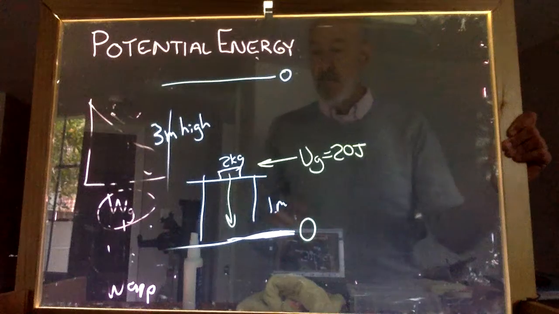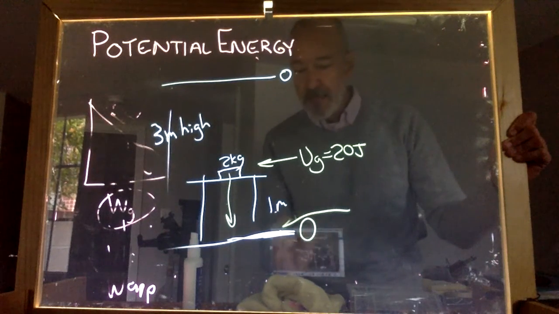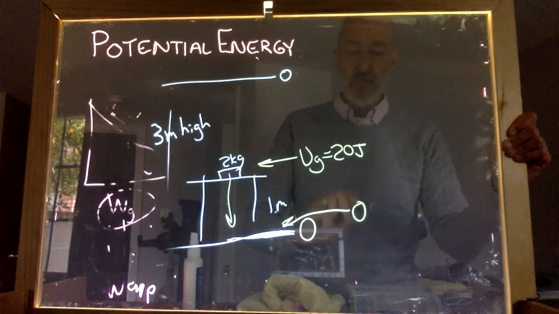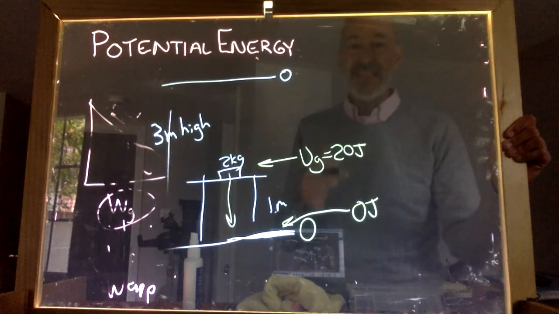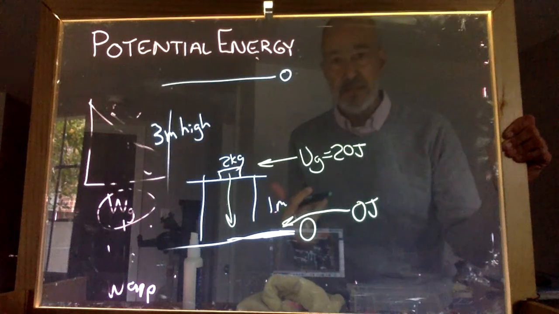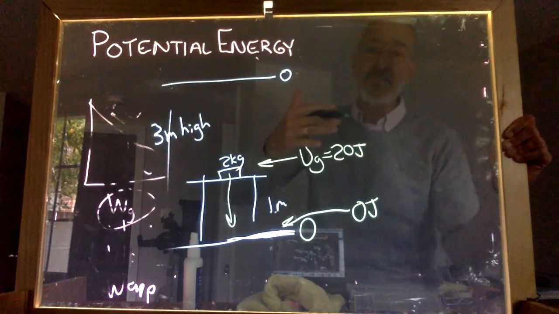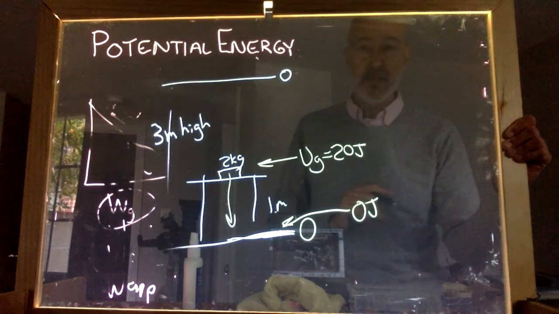When it falls down, the potential energy when it gets down there is going to be 0 joules, right? It's at 0 height. So it lost 20 joules of potential energy, so it must have gained 20 joules of kinetic energy.